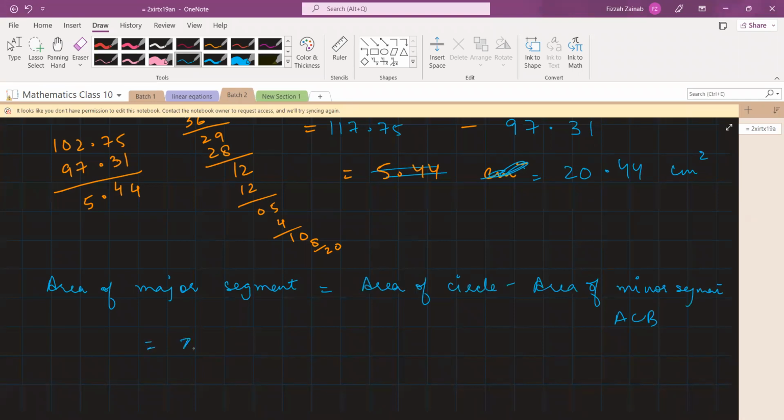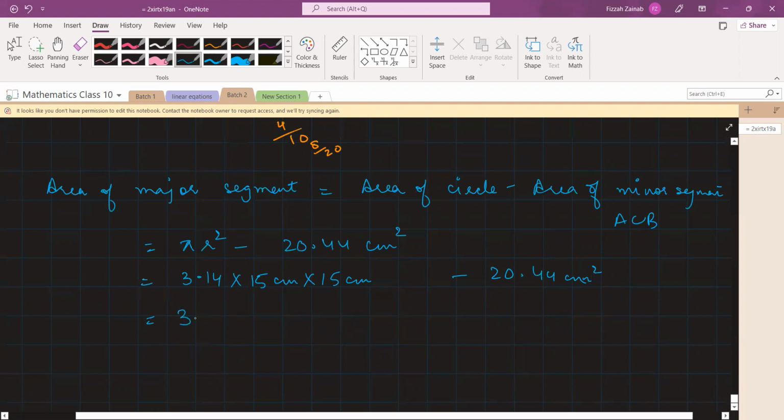Area of circle is pi r square and this we have already found 20.44 centimeters square. Pi you have to use 3.14. Radius, how much was the radius? 15. Okay, so 15 centimeter into 15 centimeter minus 20.44 centimeters square.